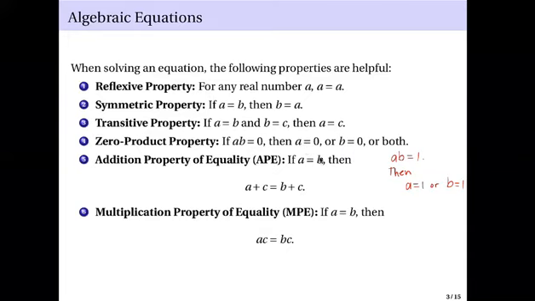If the right-hand side is not equal to 0, say like this, AB equals 1, then there are infinitely many pairs that will satisfy this equation. So do not do this. Why? Because I can take A equals 1/2 and B equals 2.